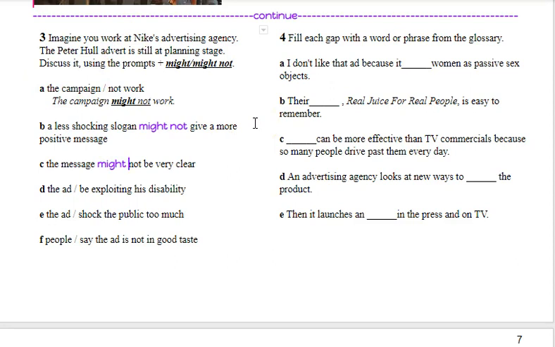Because they said it is still at the planning stage. So the plan is not really complete.